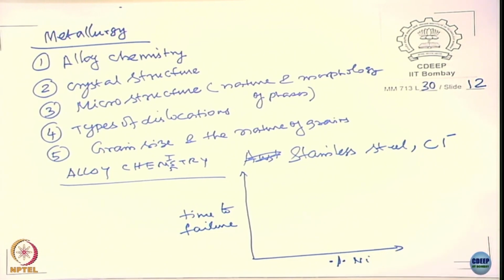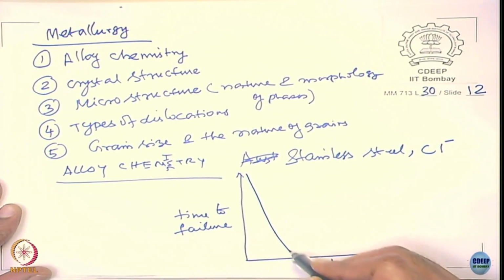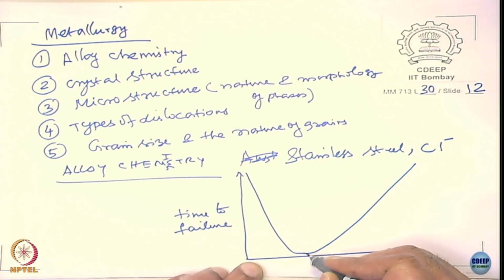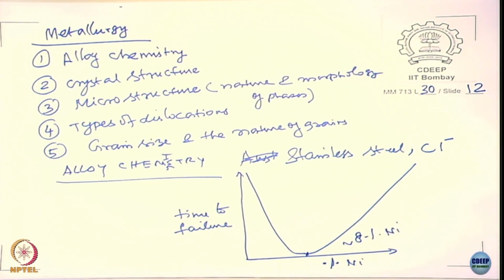Time to failure versus the percentage of the nickel content. It goes like that. You know what is the nickel content of this? 8% nickel, almost the one we use as a workhorse, right? 304 has 8% nickel and it is the worst.